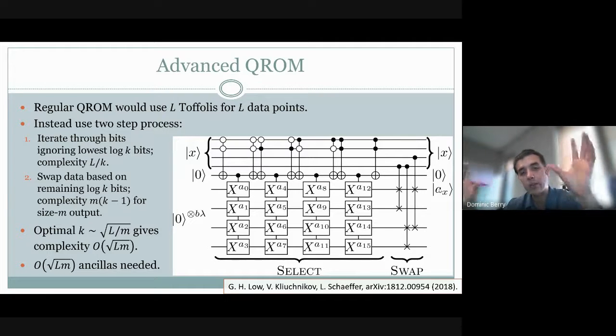That's why we get a complexity which goes like the square root of the data needed to represent the Hamiltonian, because we're using this advanced QROM for the state preparation, and the state preparation depends on the coefficients used to represent the Hamiltonian.